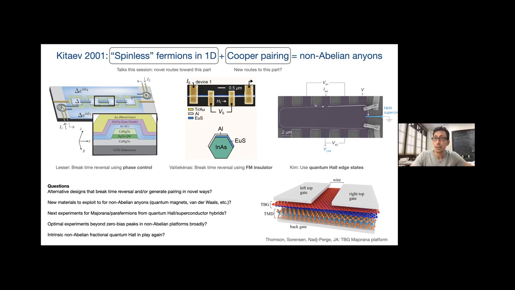Maybe it's not crazy to think that intrinsic non-abelian anyon platforms are not yet out of the game. So that's my spiel. I don't want to take up any more time myself, and I very much welcome comments from the audience.